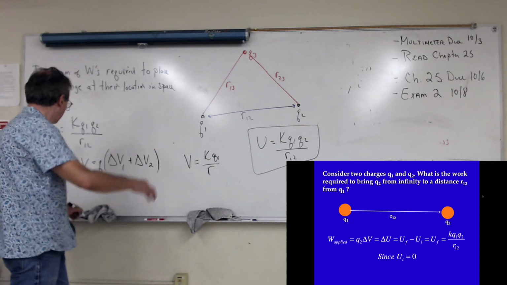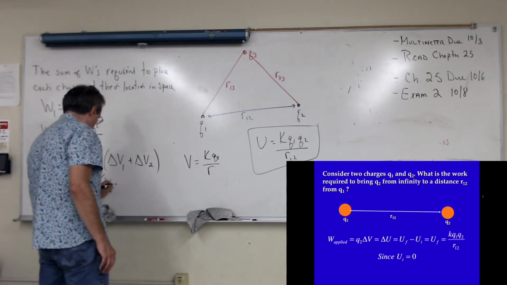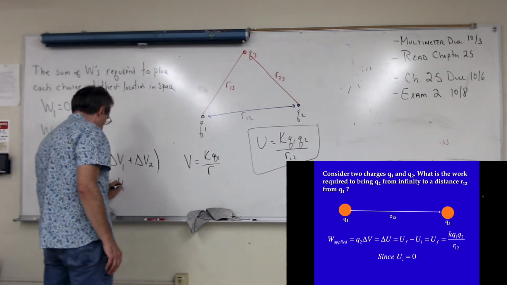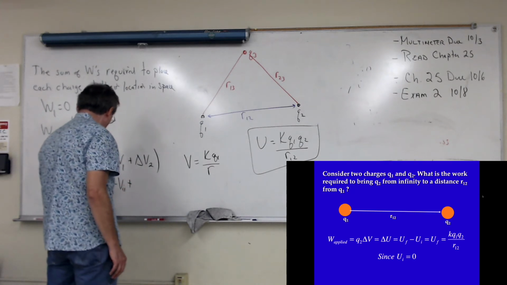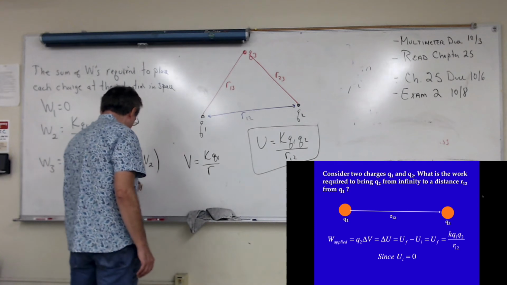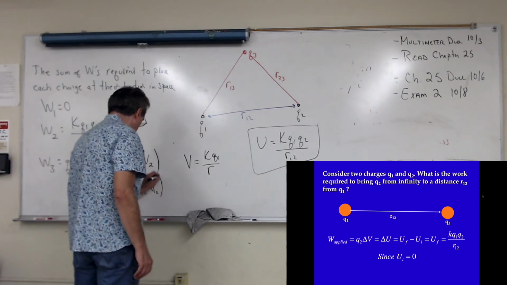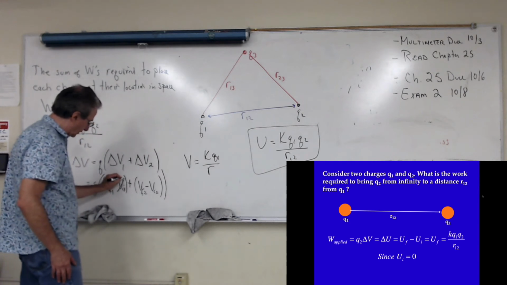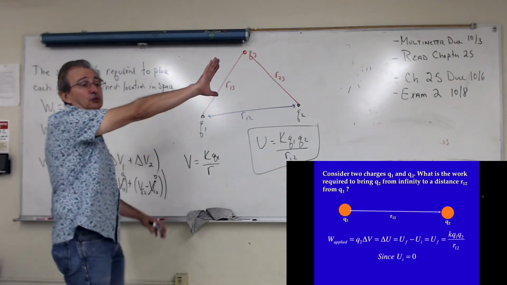Now, when it was at infinity, the potential energy was zero. So this is zero, that's zero, because Q3 was really far away.